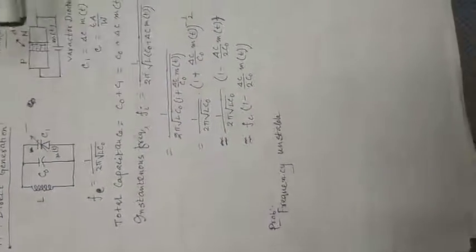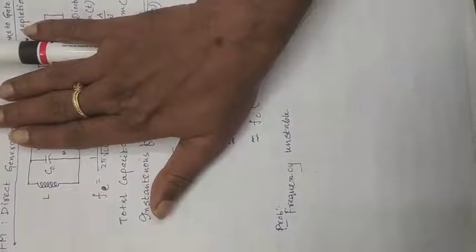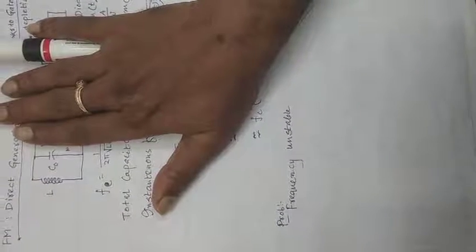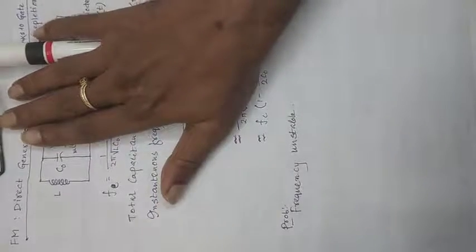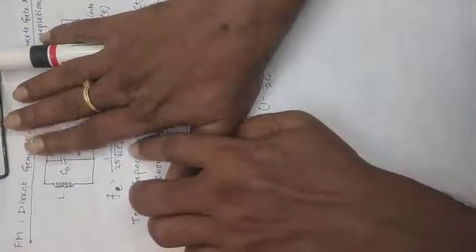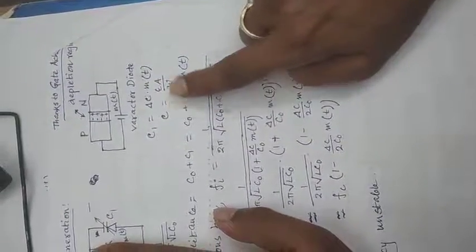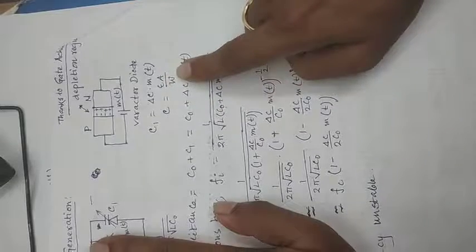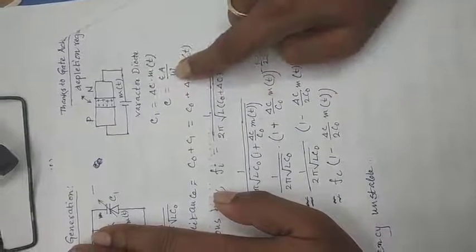Whenever we are not using this varactor diode, what is the frequency of oscillation? That is 1 by 2 pi root over L C naught. But when you are using this varactor diode, in addition, the capacitance is expressed in terms of epsilon, A and W, where W is the depletion region width and A is the area.